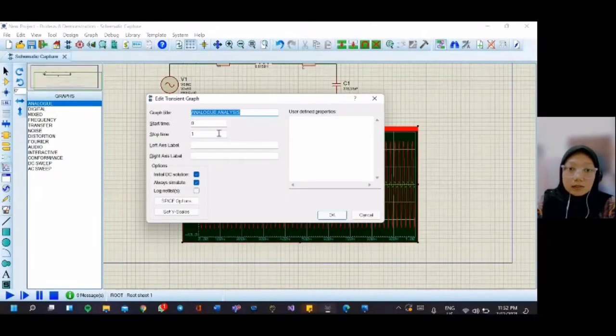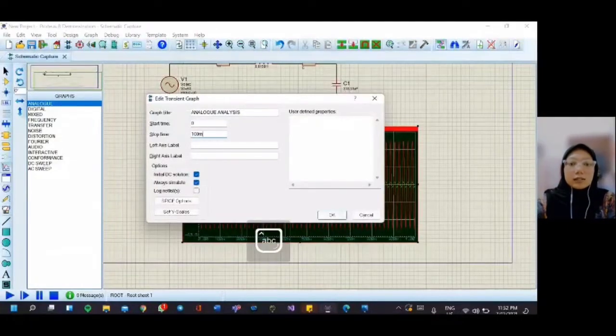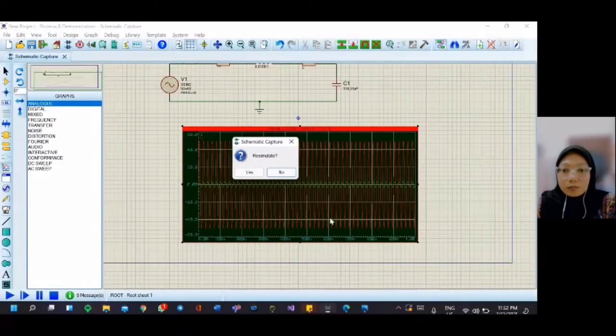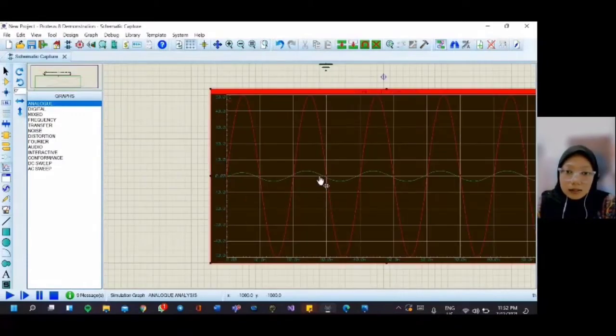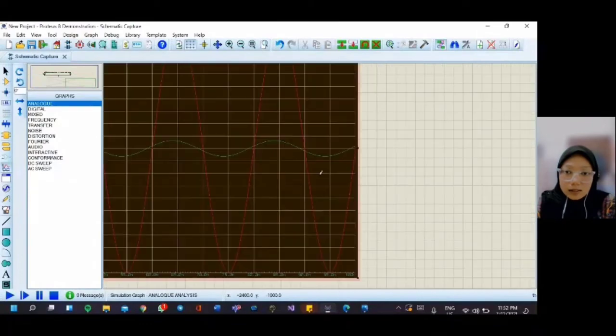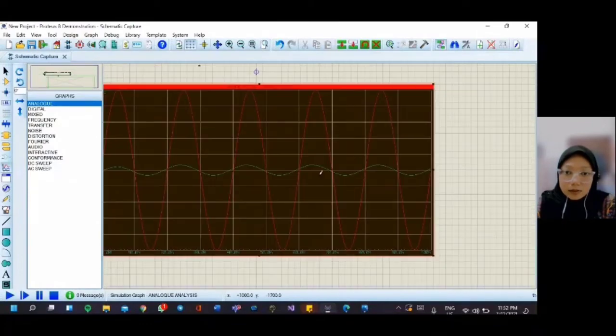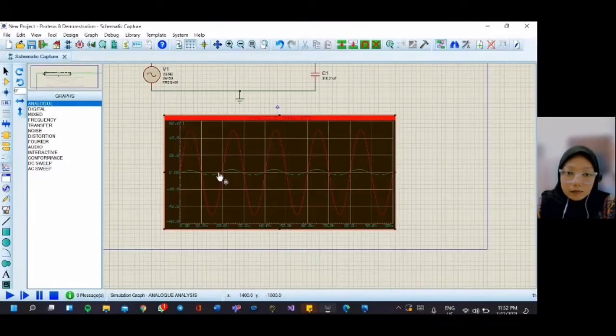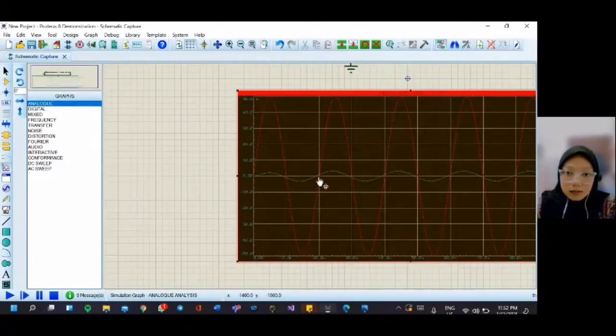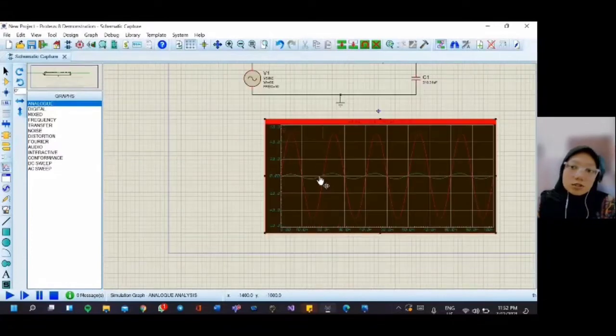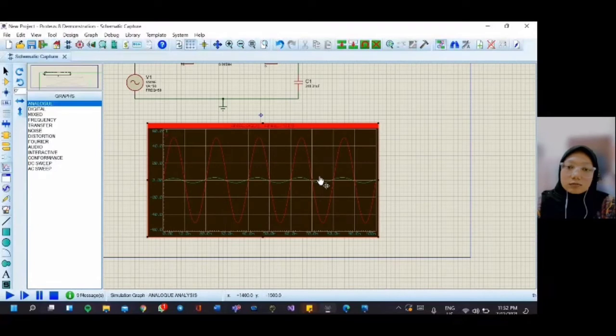Now we edit the graph so that we can see the waveform clearly. So basically, roughly from the graph, we could see that the graph of current is leading the voltage. So I pass to Amira for the next part.